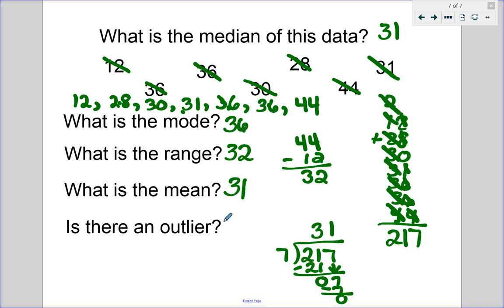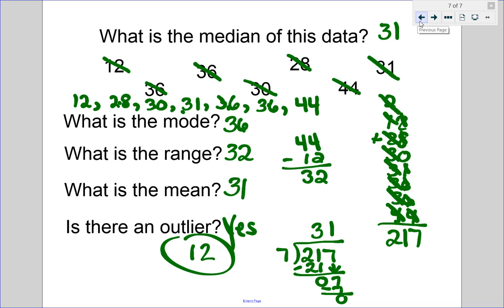So we would say, yes, we have an outlier, and that outlier is 12. Okay? Everything else is kind of bunched in that late 20s to like 40 range. I probably would accept if you said, yes, it's 12, or you might say 40, or if you said 44. Either one of them I would accept as an outlier in this situation, especially as you're just learning things.